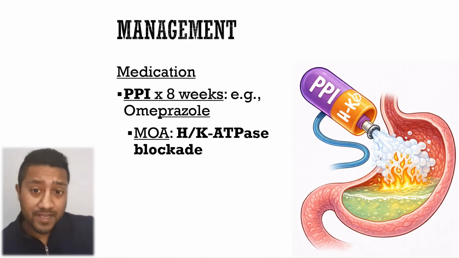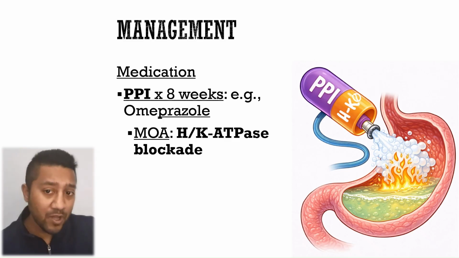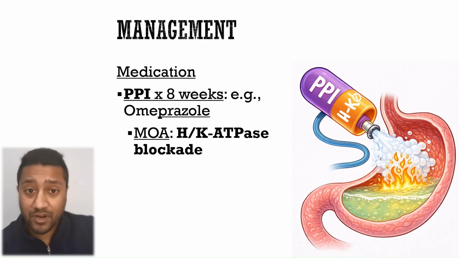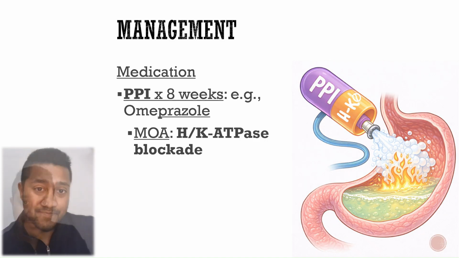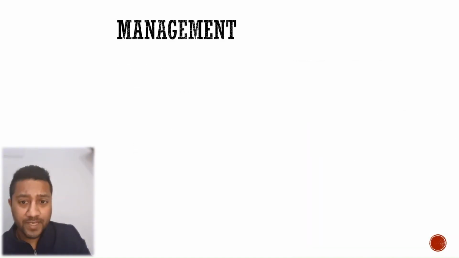So for that reason, PPIs are still going to be the preferred medication in all patients. You can use H2 antagonists as add-on therapy or as rapid relief therapy, but that does not replace the use of a PPI. Now, after several weeks of PPI therapy, if the patient has resolution of their symptoms, then you've technically both made the diagnosis of GERD as well as treated it.